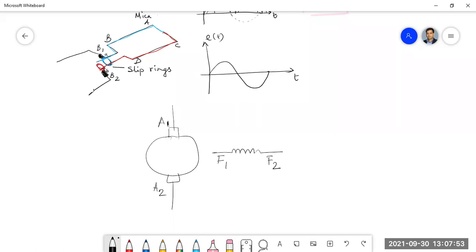Basically, both are windings. So A1, A2 are the terminals of the armature winding and F1, F2 are the terminals of the field winding. Now, suppose I want to generate some voltage across the armature. Can you tell me what things are actually required?